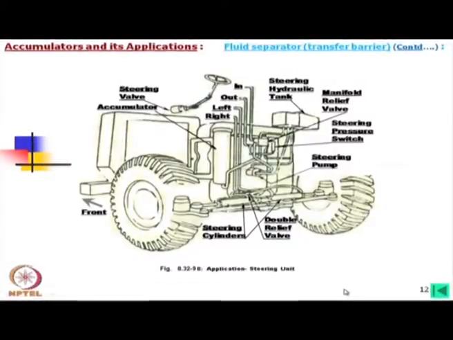Now, this is another application where we can use the accumulator. This is a fluid separator, the same transfer barrier, but this application is a steering unit. What we find is that this is the steering, this is a steering valve, and this is the accumulator.